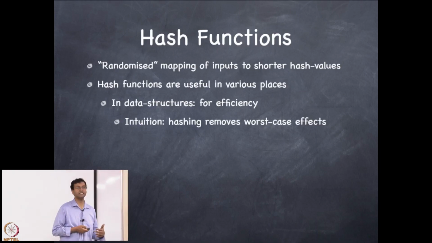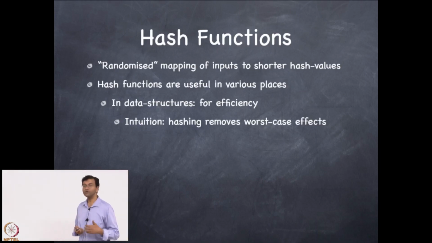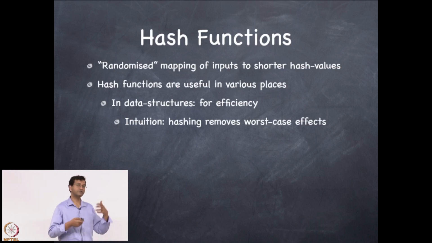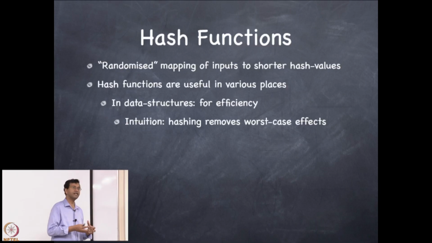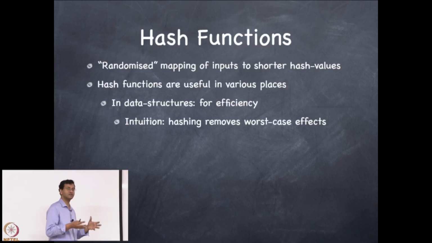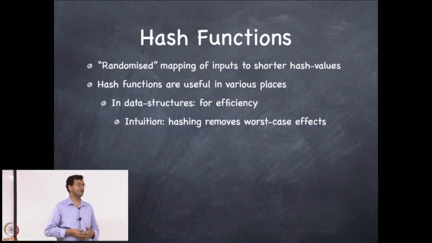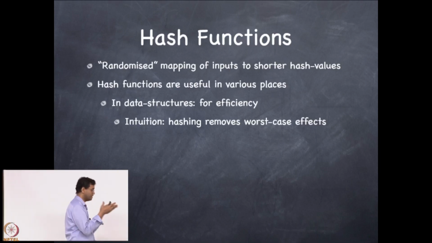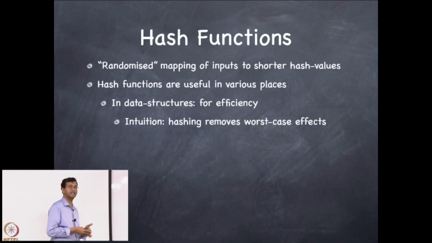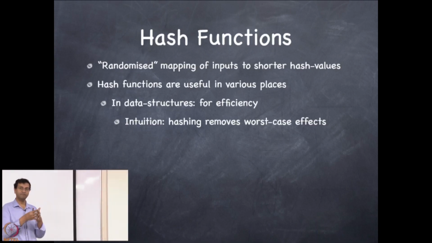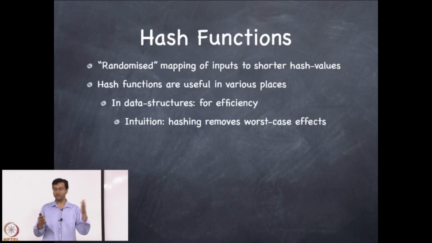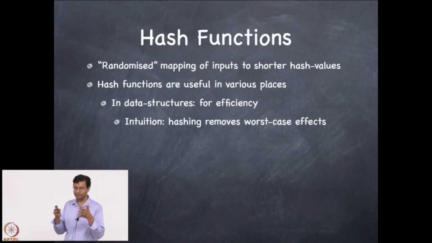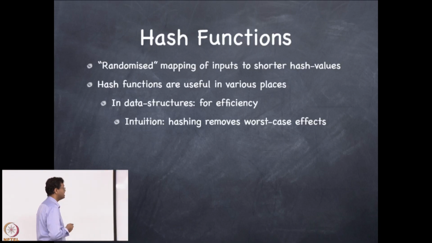The idea of hashing is that you are removing worst case effect. There could be some input that is bad for your algorithm, but you hash it so that that input doesn't create this bad effect. Maybe multiple things are going to go into the same cell in your hash table, but by this hashing, it will be only with low probability that there will be a bad input for your data structure.